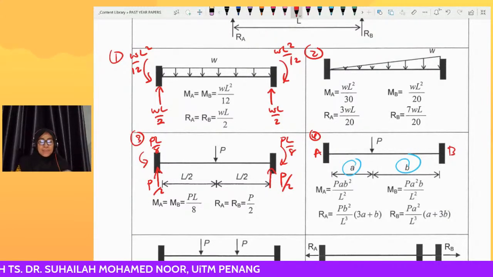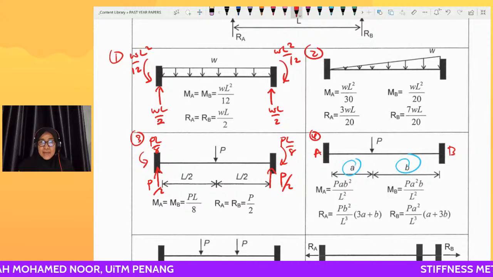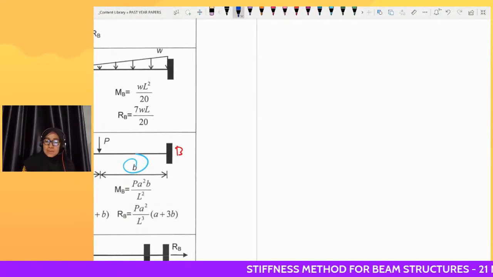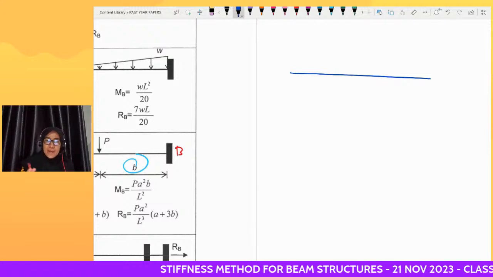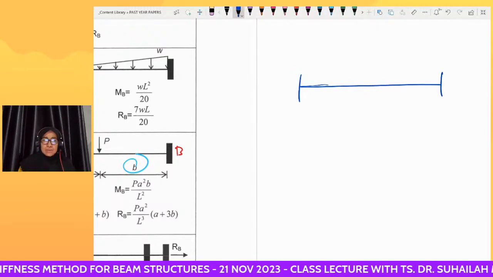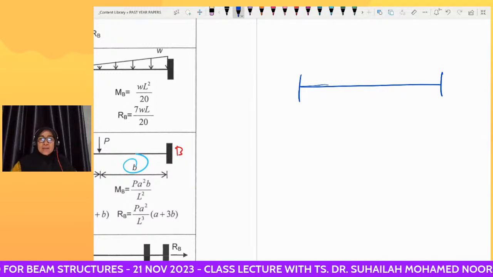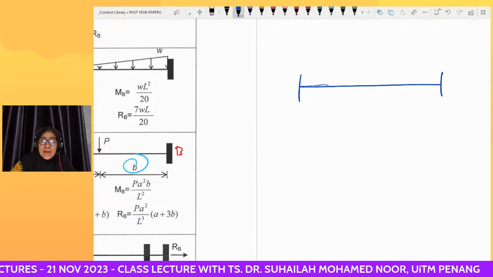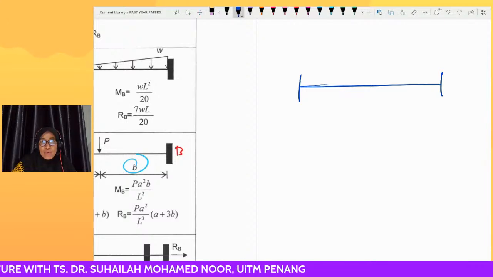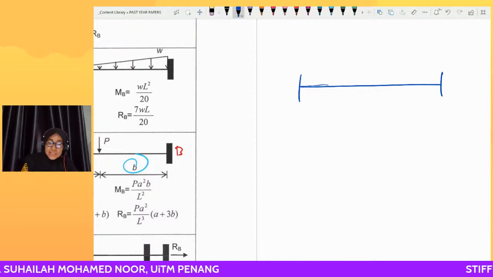Okay, about the sign. Whenever we analyze the equivalent element nodal forces, the fixed end reactions, condition number one is that we have to assume that both ends are fixed.